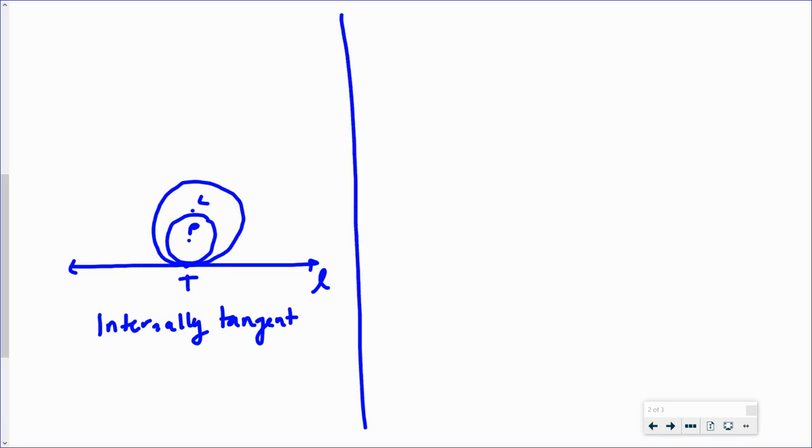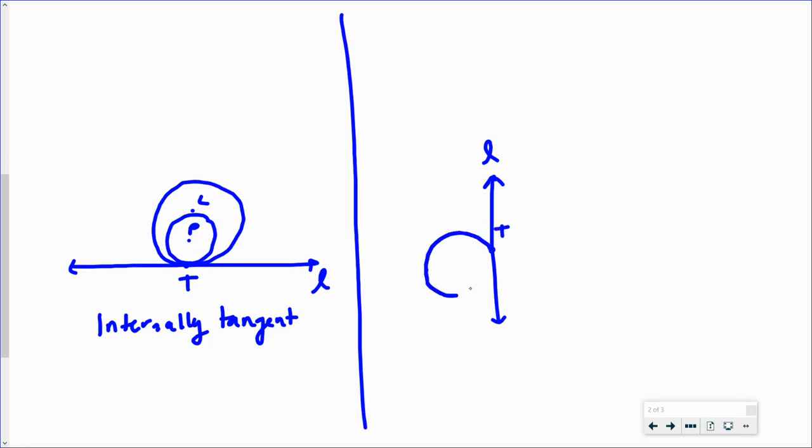Let's take a look at two circles that would be externally tangent. So let's say I draw line L. It will be a tangent line in a second. And now I'm going to draw point T again.